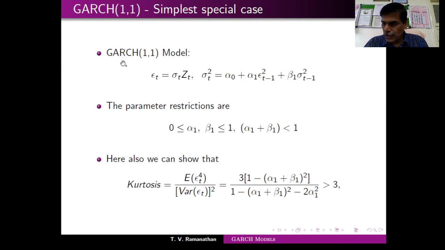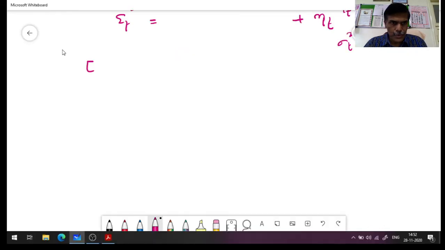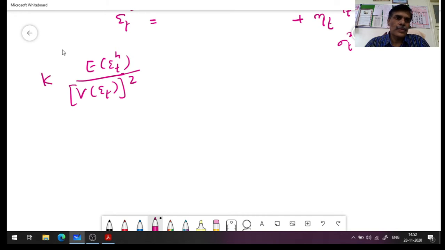What we want is the expected value of epsilon t to the power of 4 over the variance of epsilon t square. So I want to compute this, square. This is what the kurtosis is.